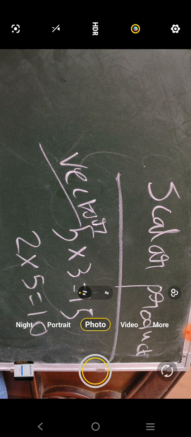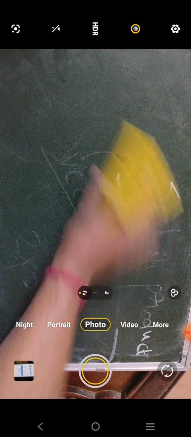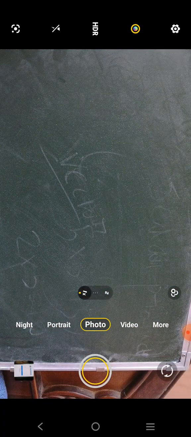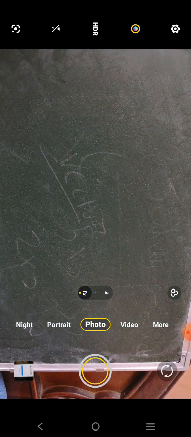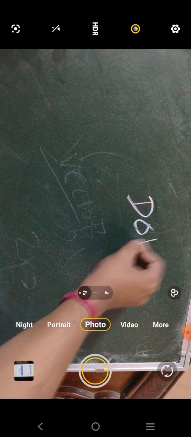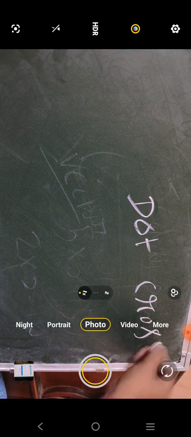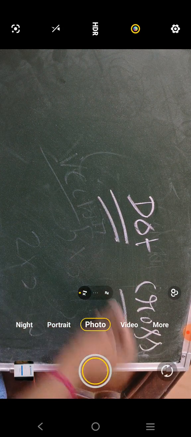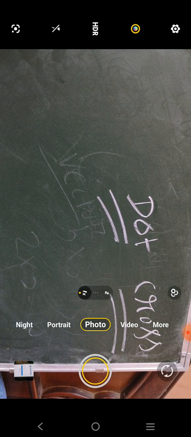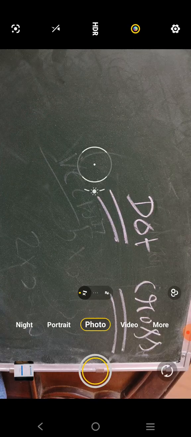But in vectors, there are two types of multiplication: one is dot product, another is cross product. Now you might be amazed: what are dot and cross?